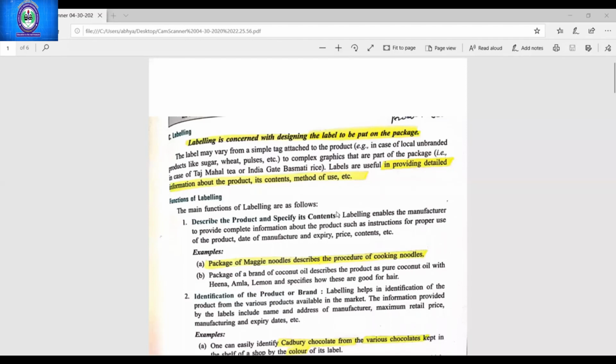Labeling is the most important function of the product mix, as label is the only medium which gives all the information regarding the product to the consumer. So labeling is concerned with designing the label to be put on the package. So label is an information carrier which will contain all the information regarding the product.